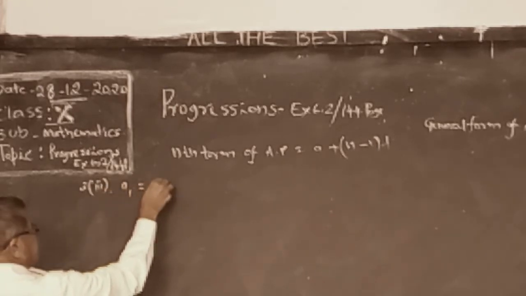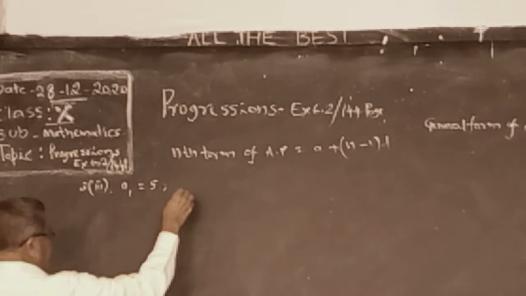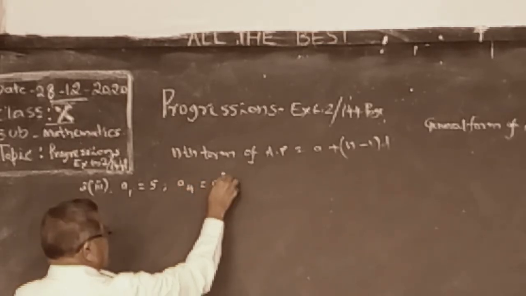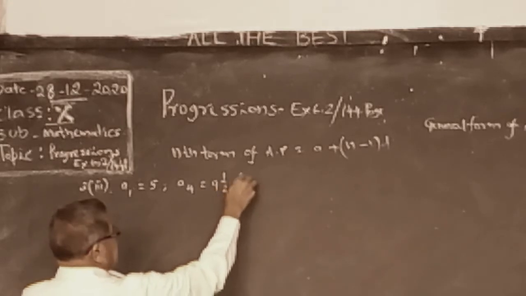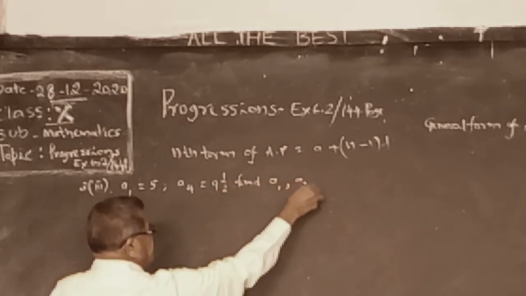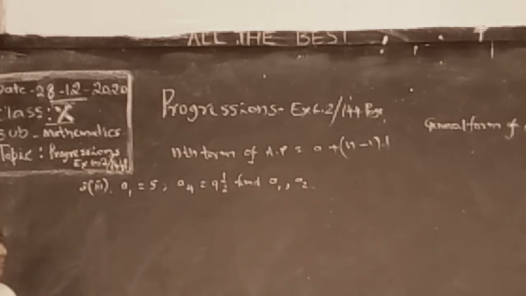First term 5 and A4 given. Fourth term of AP given 9.5. Find A1, A2. First term, second term. Find A2, A3.